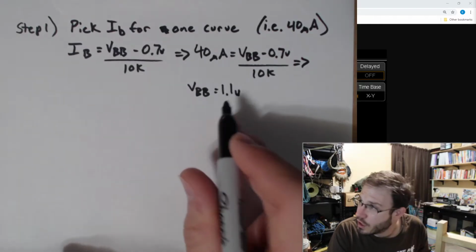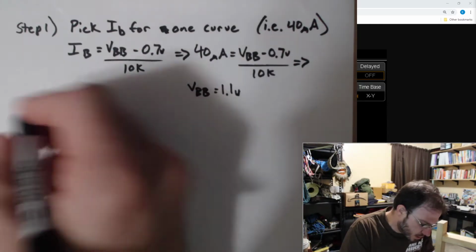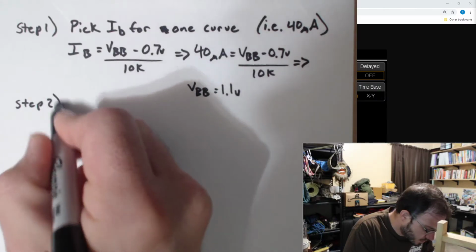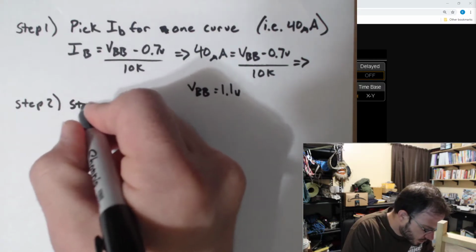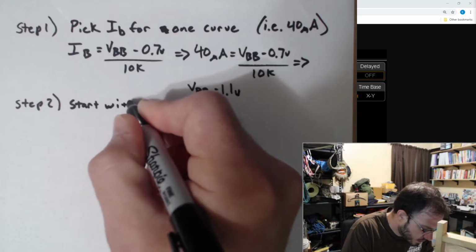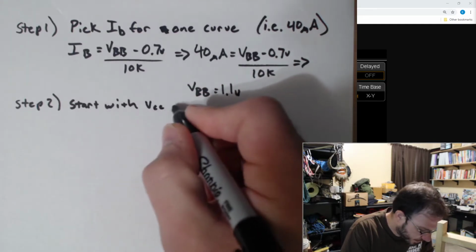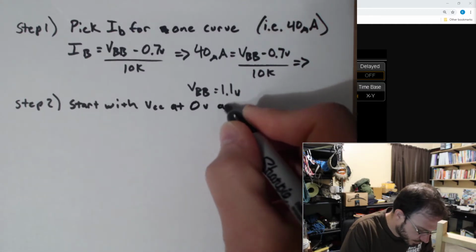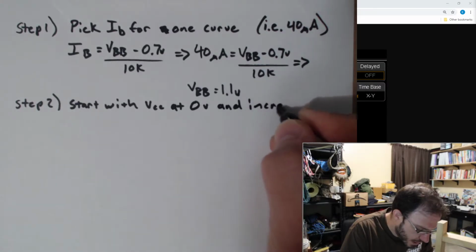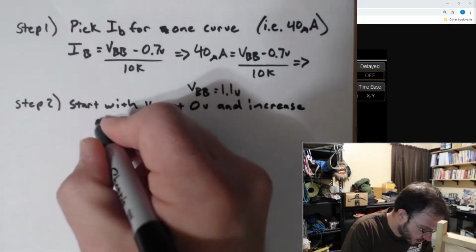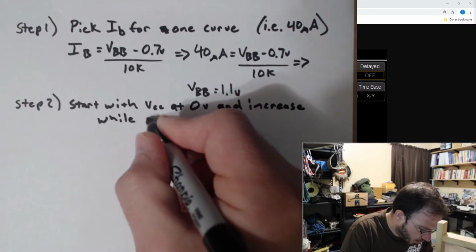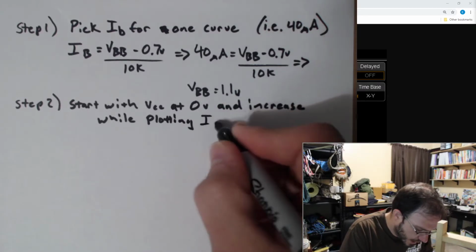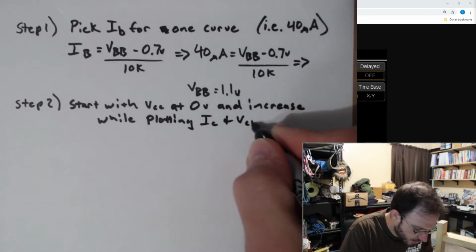And then we're going to start playing with VCC. So step 2, start with VCC at 0 volts and increase while plotting IC and VCE.